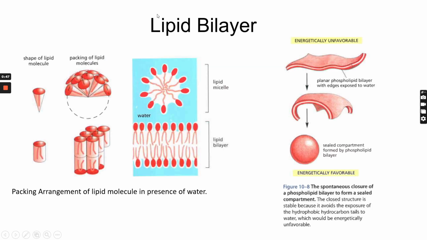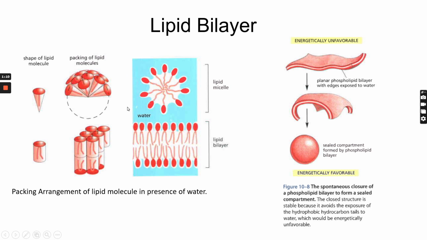So let's start with the lipid bilayer. As we all know, the lipid bilayer is a very important part of the membrane. The Singer and Nicholson model of plasma membrane says that lipid, protein and lipid, these three are the major components of the plasma membrane.